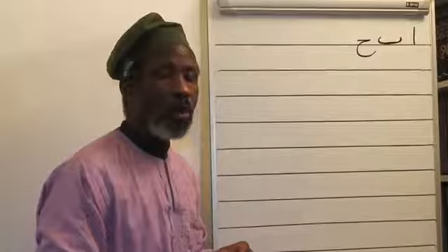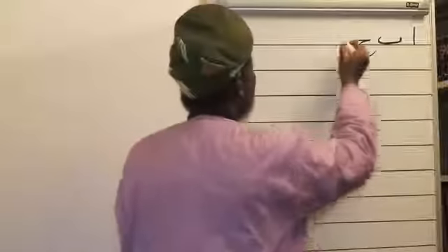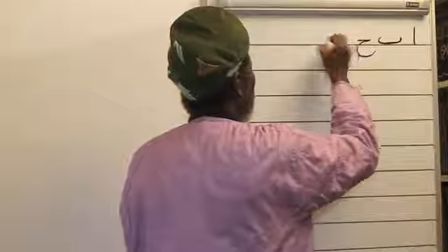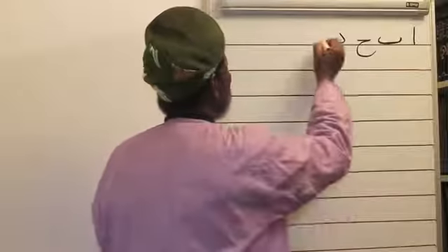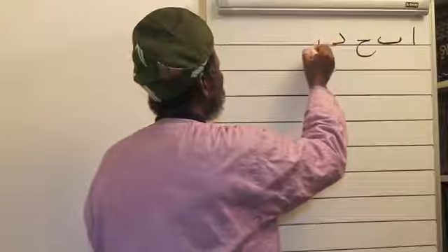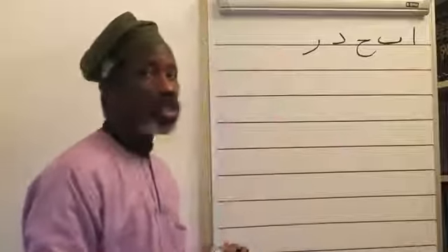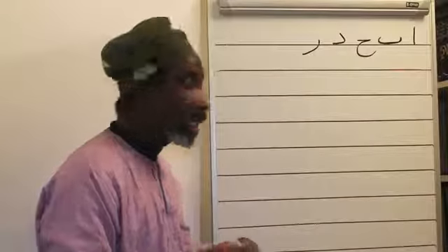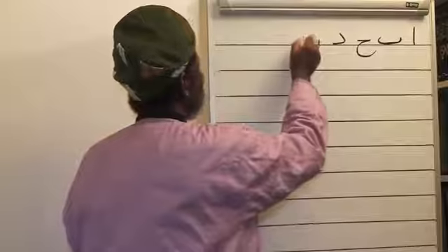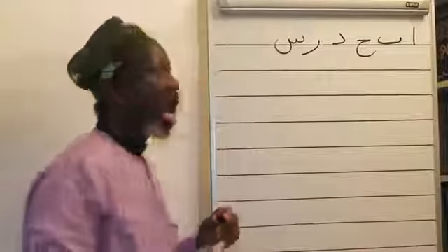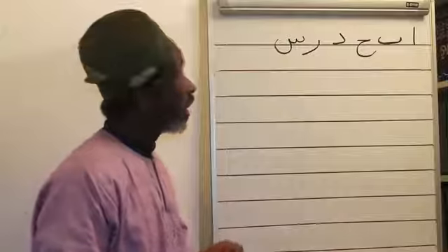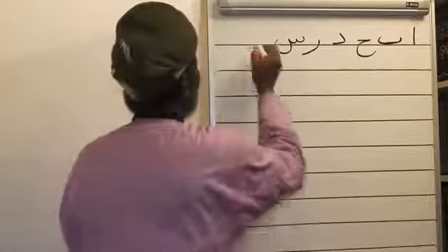Number 4 after that is the dal shape. Number 5, ra and za shape. Number 6, this shape, which is sin. And number 7 is this.